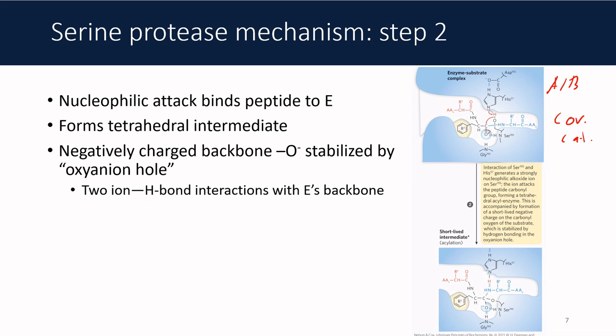And we can track that in the diagram like so. Thanks to our aspartate stabilizing the histidine ring, it's able to get nice and close to that serine hydroxyl and deprotonate it. We're going to attack that proton and steal it. That's acid-base catalysis.